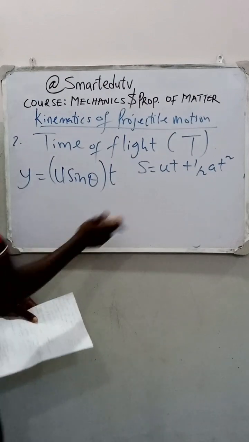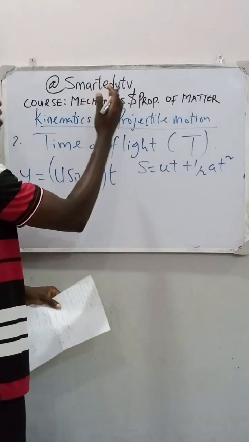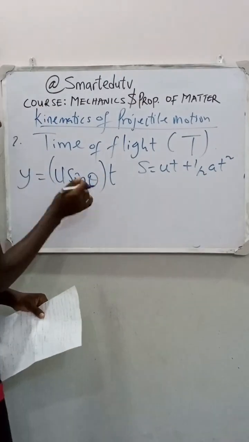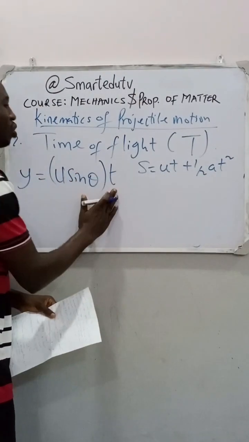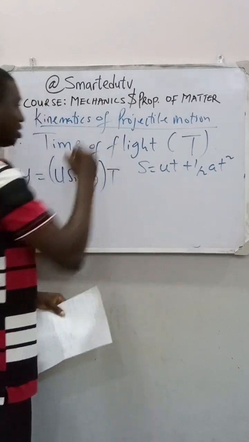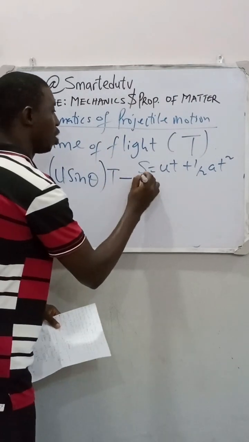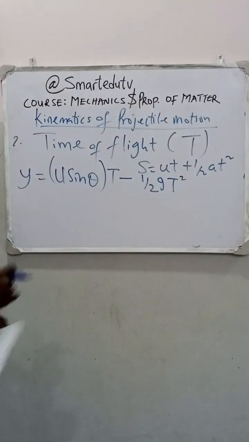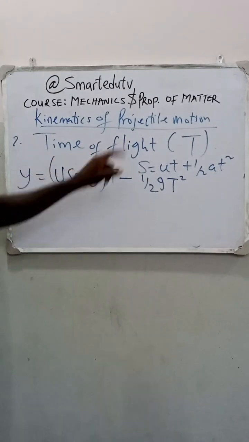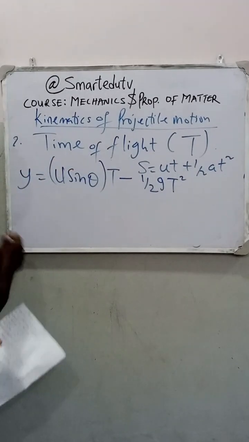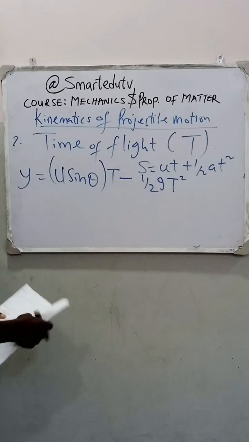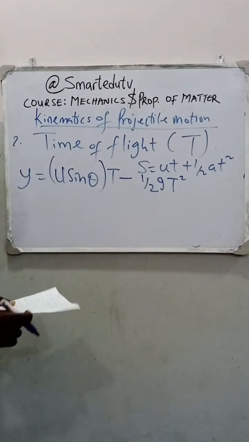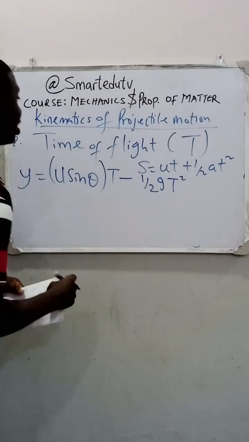Since the object is going against gravity, the a becomes negative g. Don't forget the t we are talking about here is not ordinary t. It's the total time of flight, let's call it capital T, minus 1 over 2 g capital T squared, where capital T is the time of flight. So this can be written as y equals u sin theta t minus half gt squared.